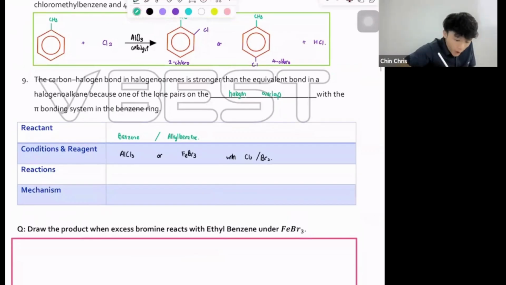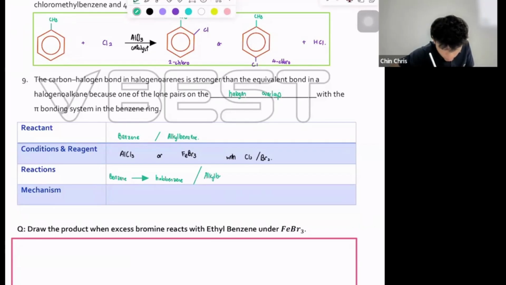And guys, from a benzene, it's going to turn into what? A halobenzene. Or from a phenol benzene, it's going to turn into either a 2 or 4 halobenzene. Understand?